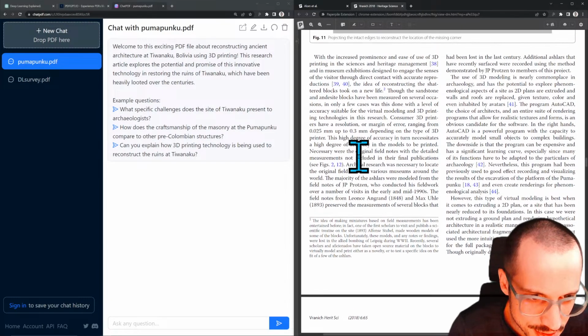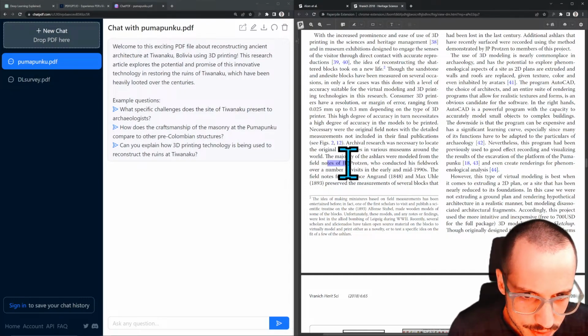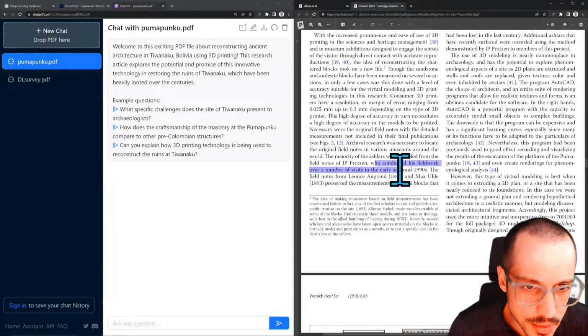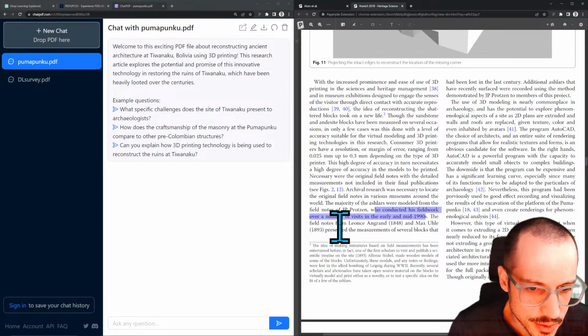Here we go. All right, here's something obscure. The majority of the ashlars were modeled from field notes of J.P. Protzen, who conducted his fieldwork over a number of visits in the mid-1990s. The field notes from Léonce Engrand and Max Uhle in 1893.